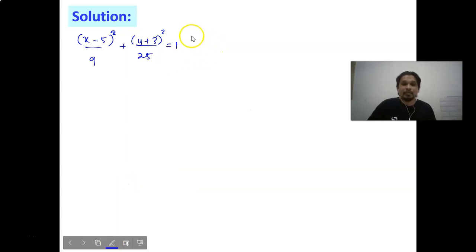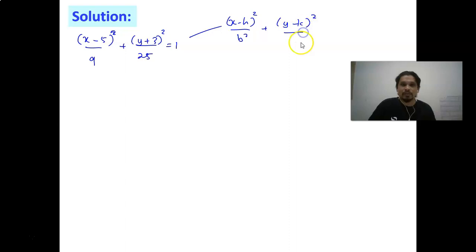Okay, so we compare with x minus h squared divided by b squared, because a is under y here, belongs to y, so this is b, plus y minus k squared divided by a squared equal to 1.